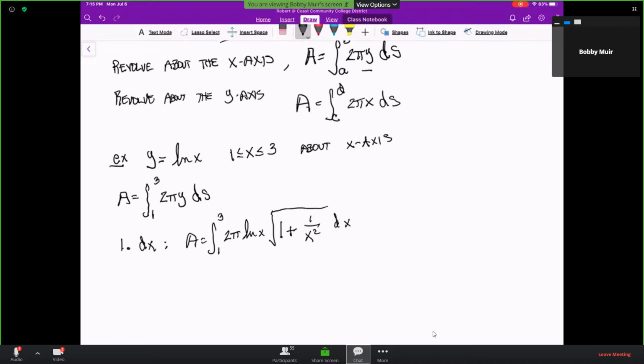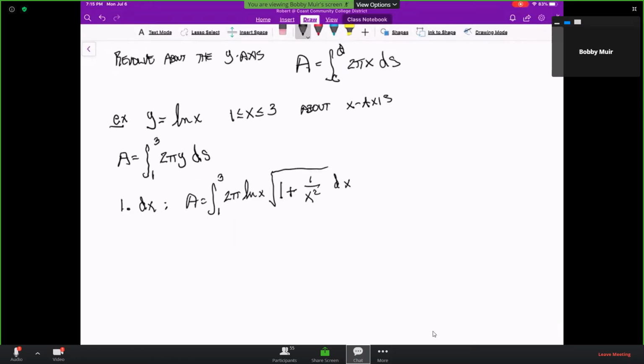All right, now this is where we're stopping because it says set up but don't evaluate. Okay, so obviously we're going to have to approximate this. But what I'm trying to illustrate is this.